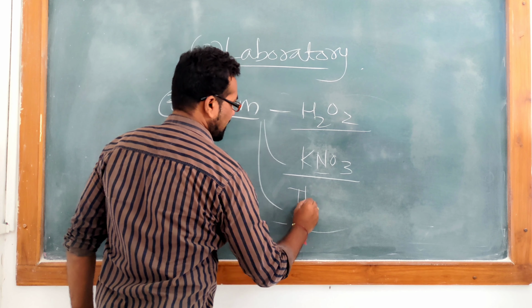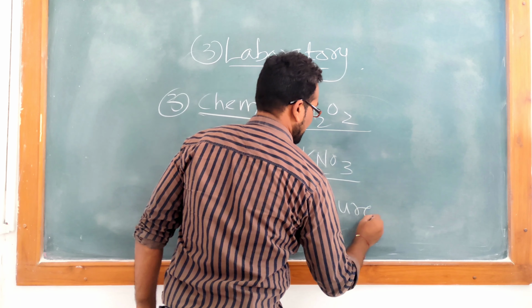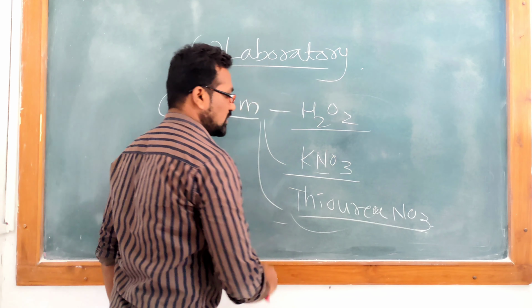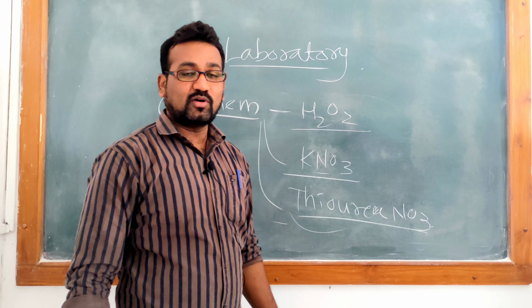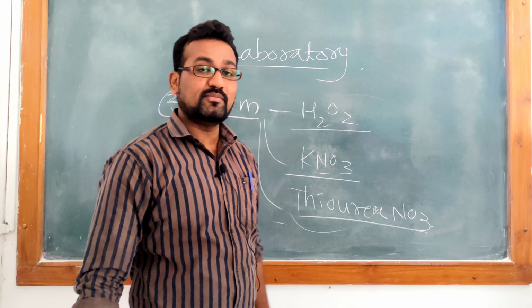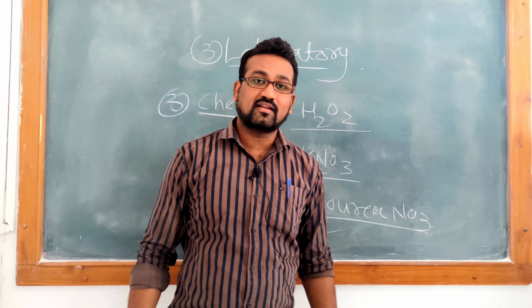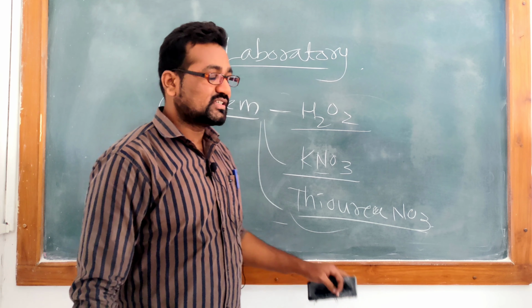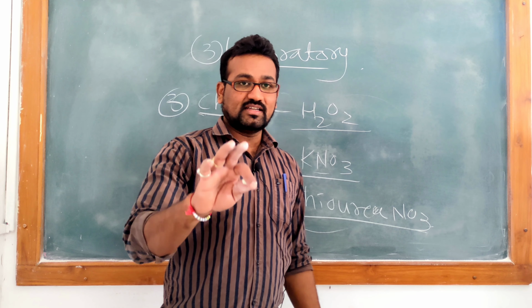Thiourea is also available in the market, which is generally used for treatment of the seed. So I am highlighting various chemicals. There is a huge list of chemicals available in laboratory practice, but I am highlighting the chemicals you have to remember in order to write in the exam, because these are generally available in the market easily and cheaply.